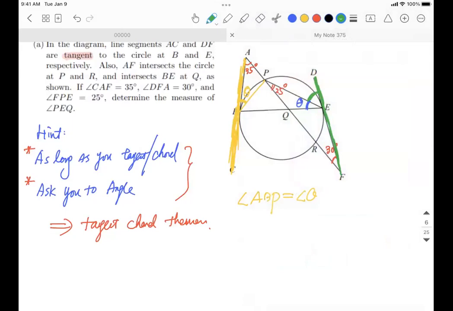So for this tangent chord angle, who can tell me the value of this green angle? Can I calculate it?